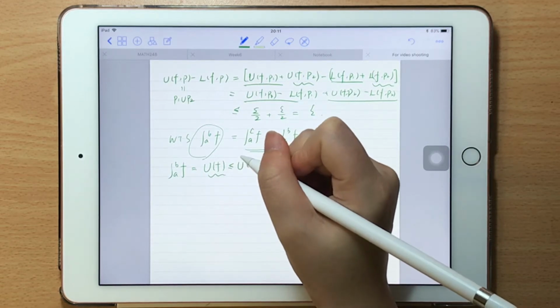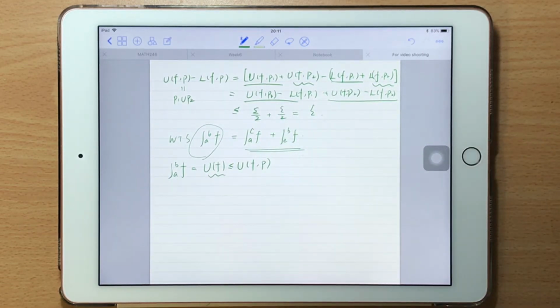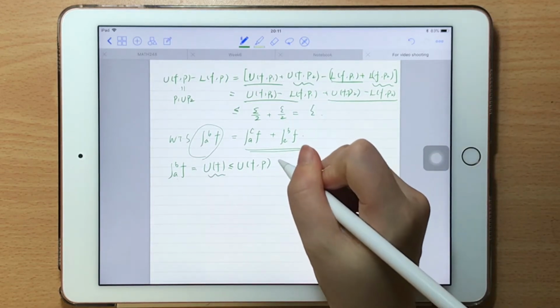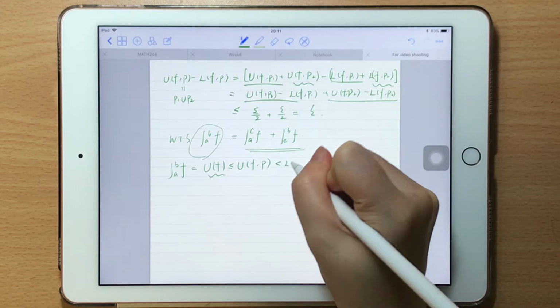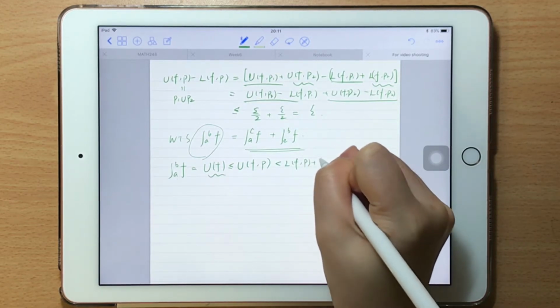The upper integral is kind of like the limit of the upper sum, if you take a finer and finer partition. And U of P is gonna be smaller than L of P plus epsilon, right?